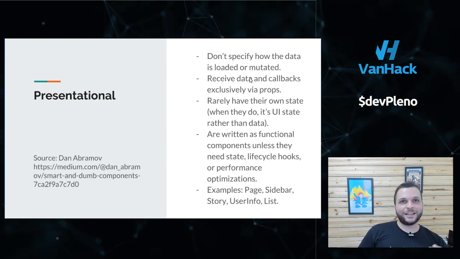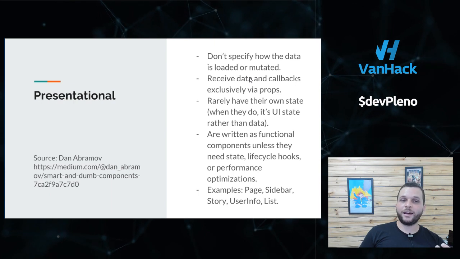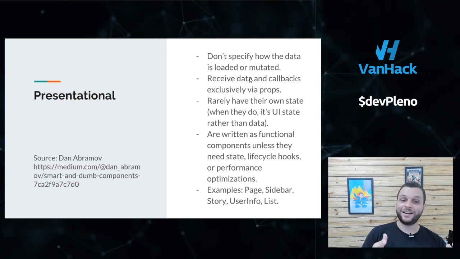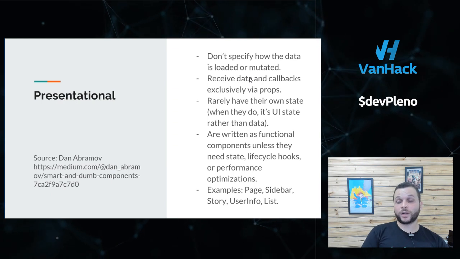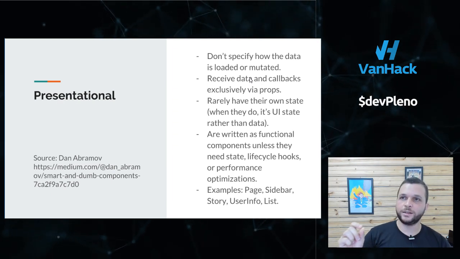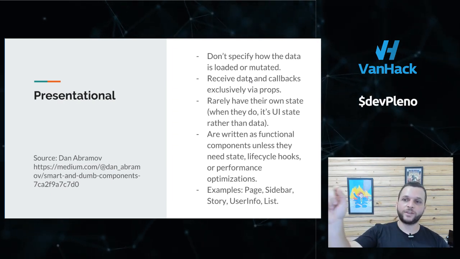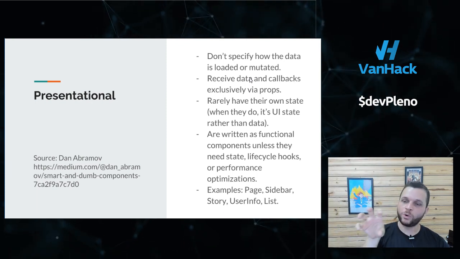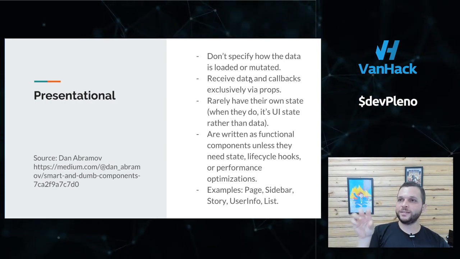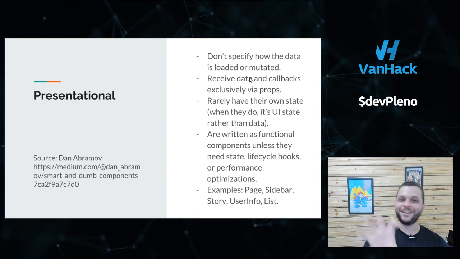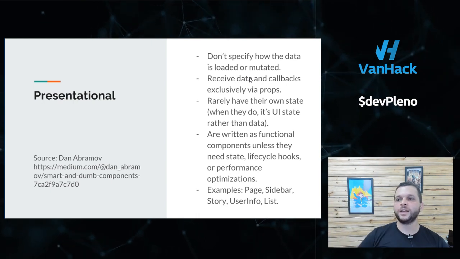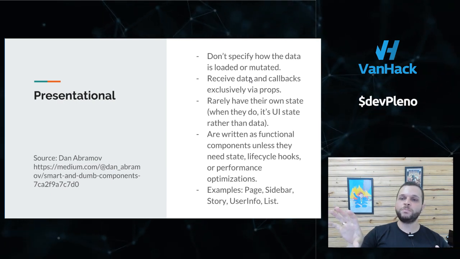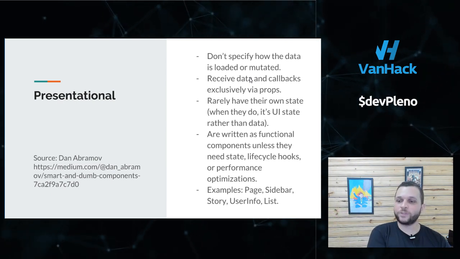And it's very rare for this kind of component to have its own state. One example is the toggle button, which just shows or hides something inside the same component. This state of showing or hiding something inside the component does not need to be aware of the rest of the application.